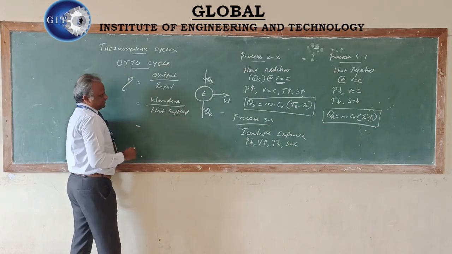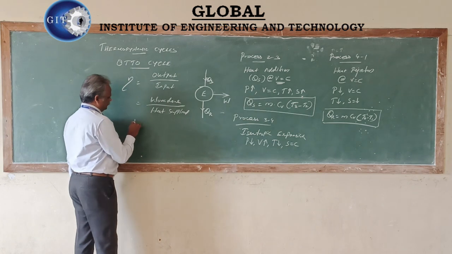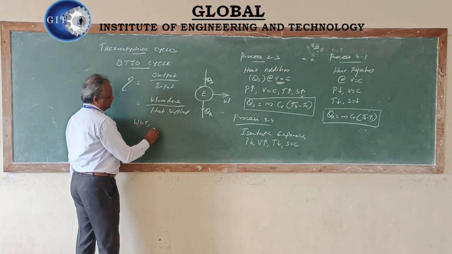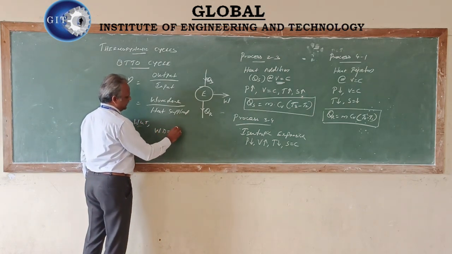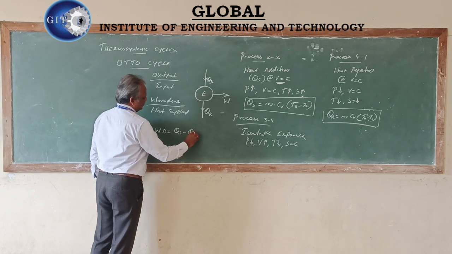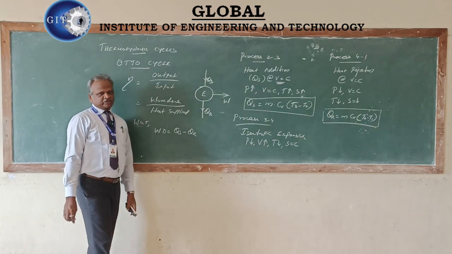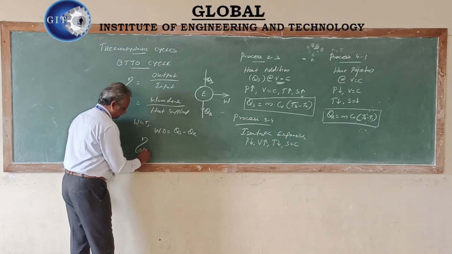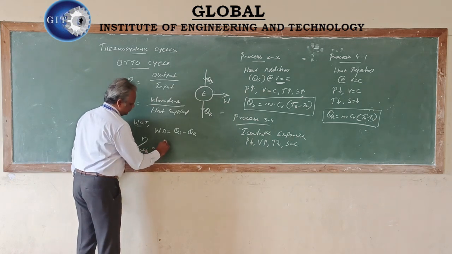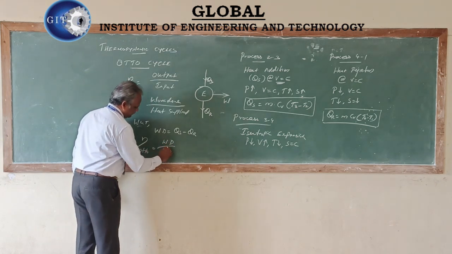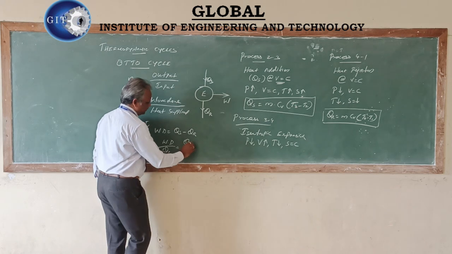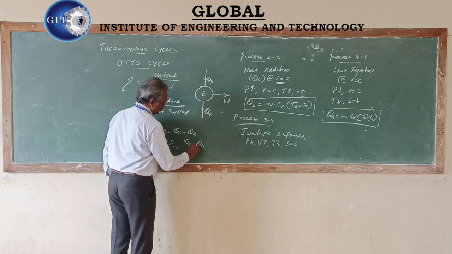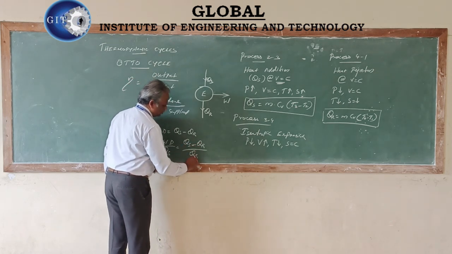We know that work done has the relationship W equals Qs minus Qr. So the efficiency of the Otto cycle is work done divided by Qs, which means Qs minus Qr divided by Qs.